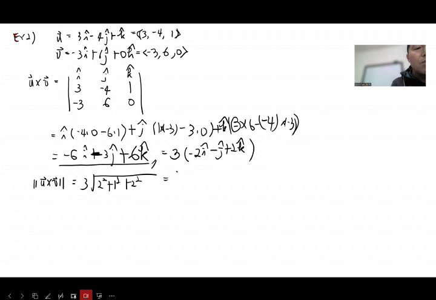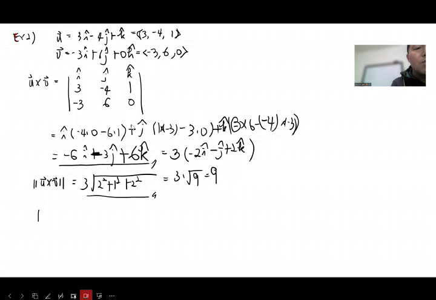So that is 3 times square root of 9. So that is 9. And so the unit vector of this cross product, or normal vector of u and v, should be the cross product normalized by the magnitude of u cross product v.